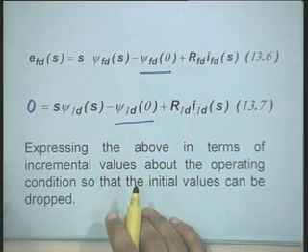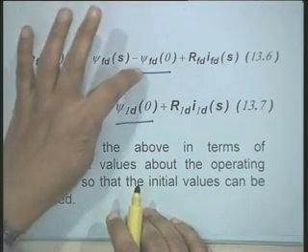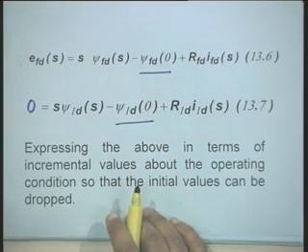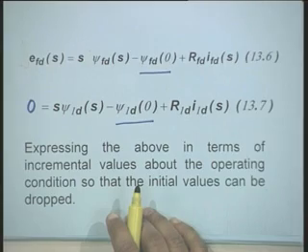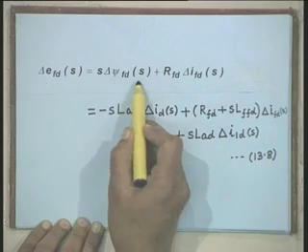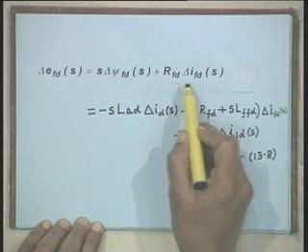Therefore, in order to avoid the initial values, we express these equations in terms of incremental values, so that under steady state conditions the incremental values are 0. When you use these incremental values, the equation will straight away have the form delta E f d s equal to S times delta psi f d s plus R f d I f d s.